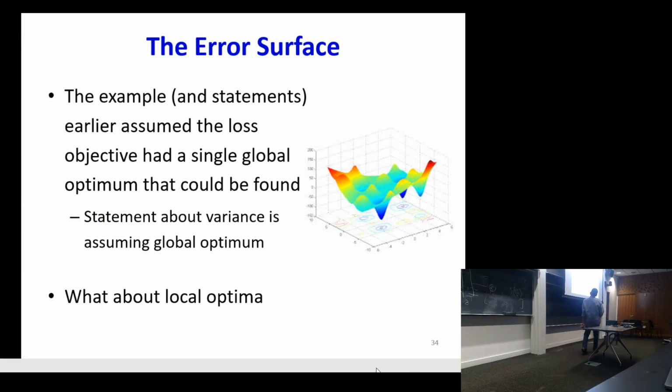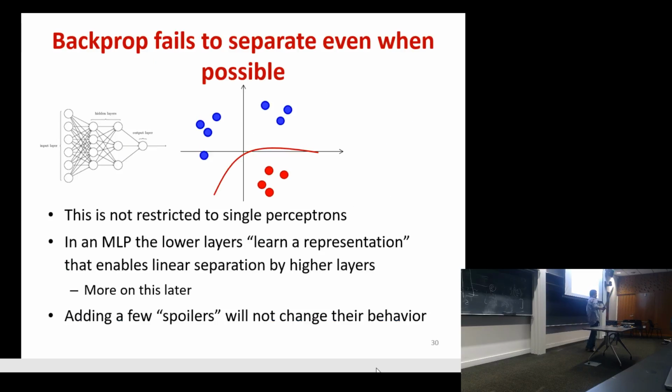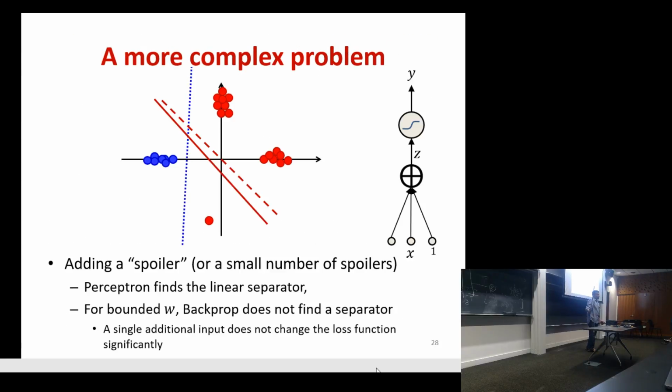Whereas if I'm out here, the boundary ends up being very far away from all of the points except one. I'm going to be penalized by one fellow instead of a whole bunch of guys. And that trade-off is what keeps things from swinging around wildly, right? And it makes a difference.